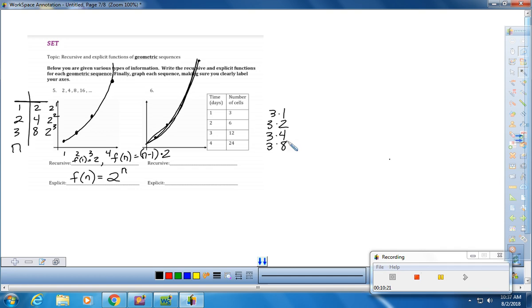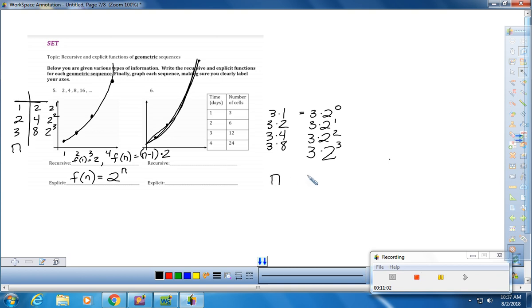Well, this would be 3 times 2 to the 0, 3 times 2 to the first, 3 times 2 squared, 3 times 2 cubed. So now I can see the pattern.